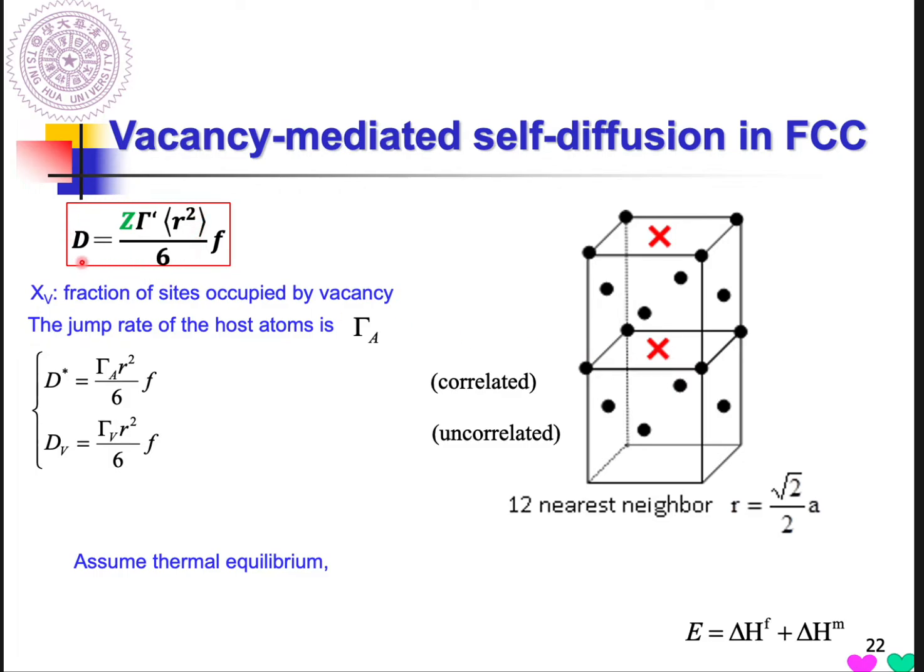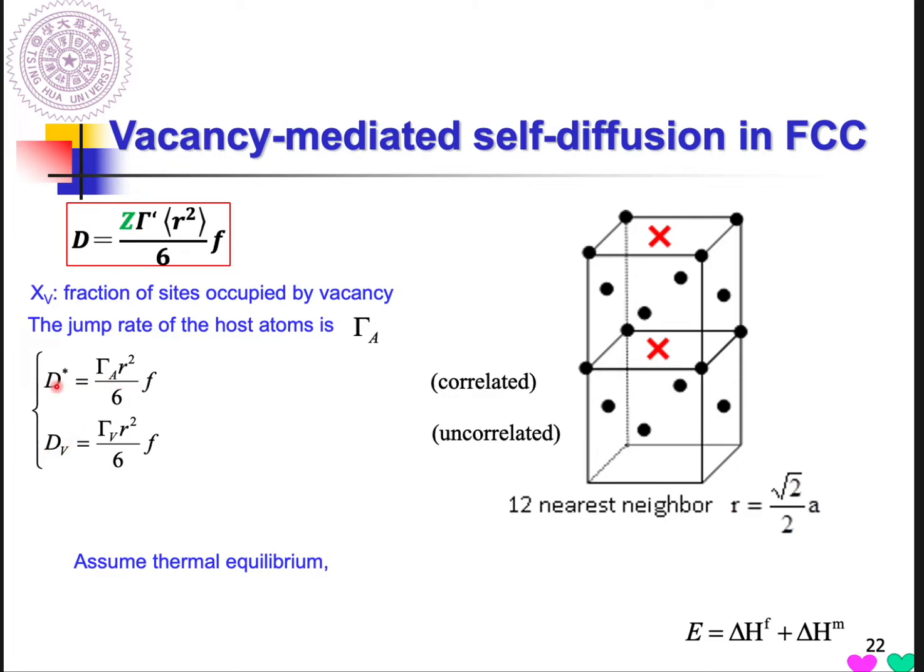We just directly use the result we derived in the previous section: the diffusivity equals the atomic jump rate gamma times the mean square jump distance divided by 6 times the correlation factor F. Based on this result, you can formulate two diffusivities. The first is the self-diffusivity of the atom, and the second is the diffusivity of the vacancy.